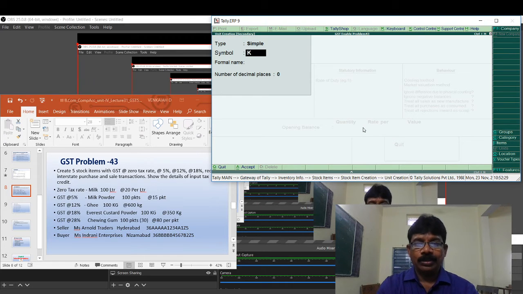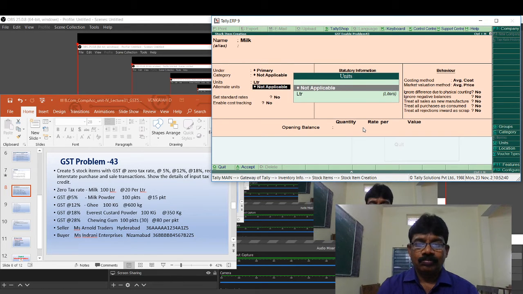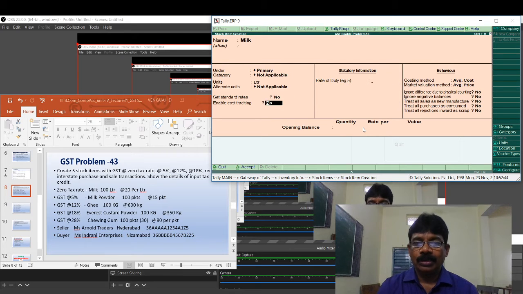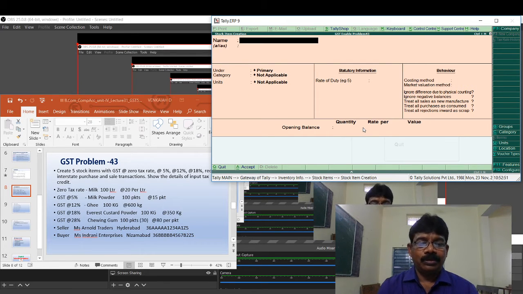Milk is measured in LTR. No alternative units, standard enable.